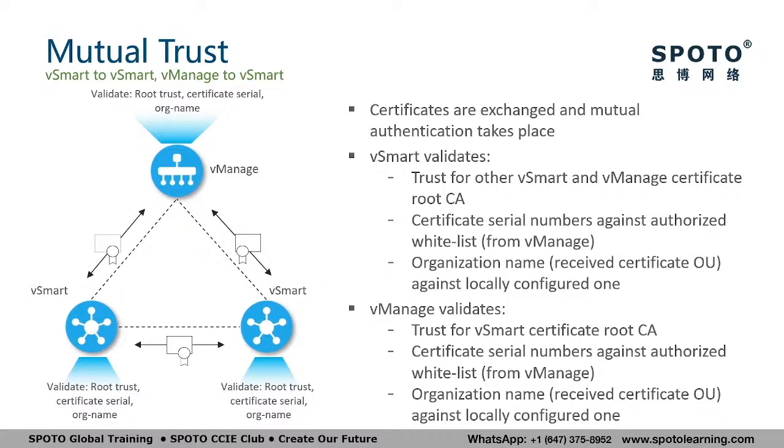The second part is vManage to validate the trust for vSmart certificate root CA. Also to validate the certificate serial numbers against the authorized whitelist from vManage and the organization name that received the certificate, the OU, against the locally configured one.